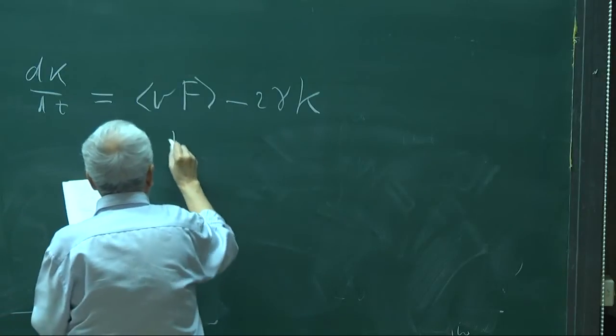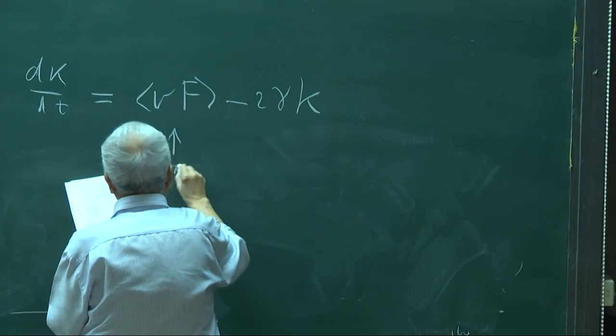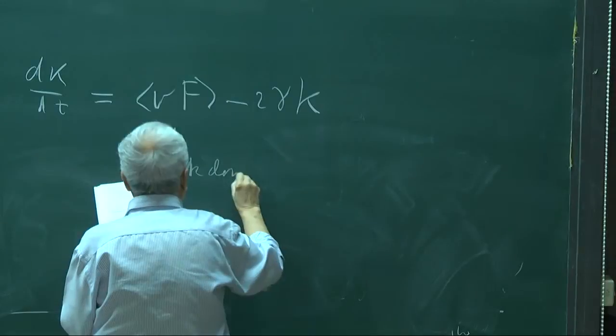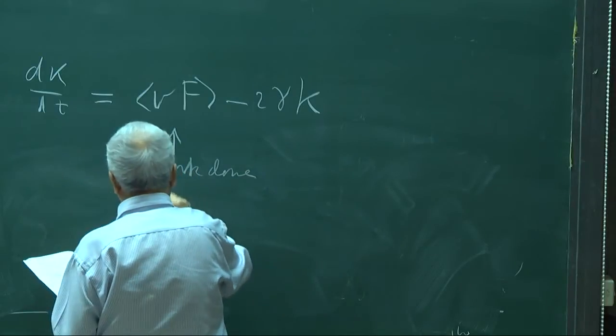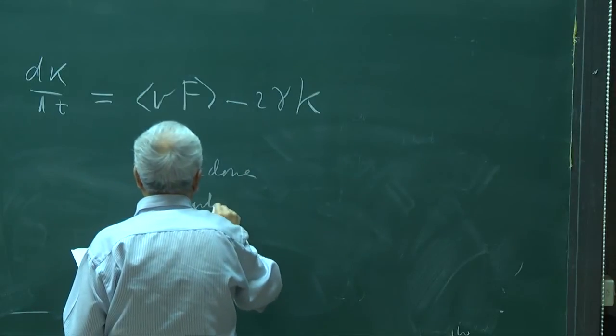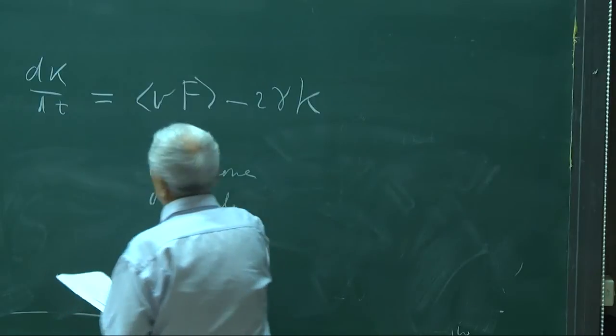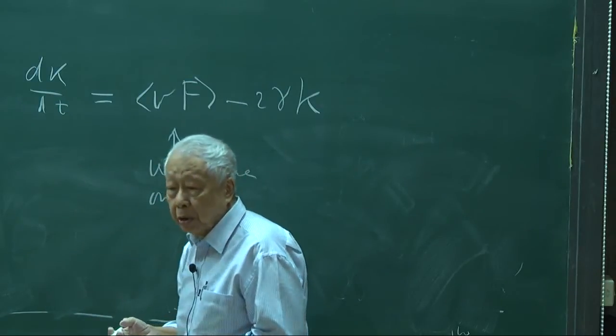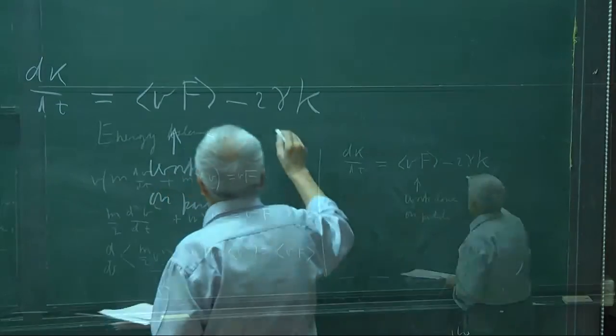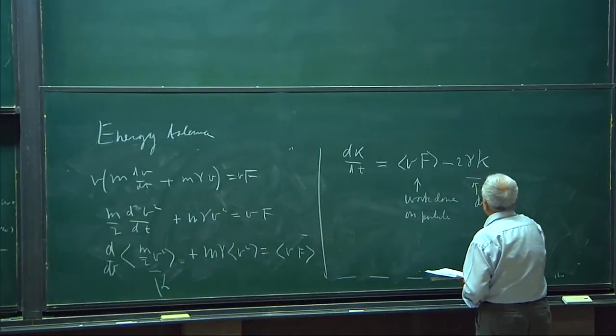And this is the work done on the particle by the medium. F is a force acting on it, so v times F is the work done on the particle. This term is the dissipation.